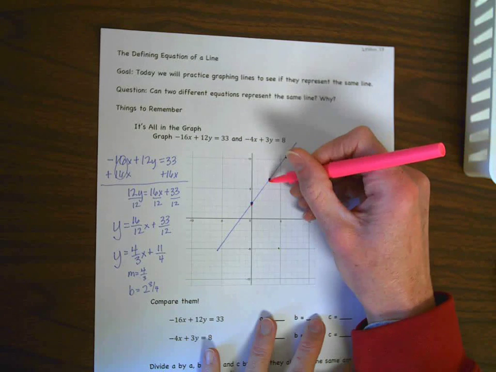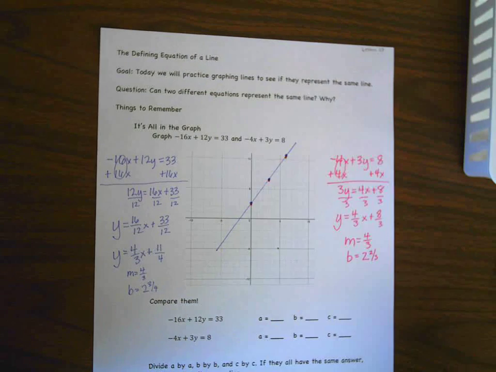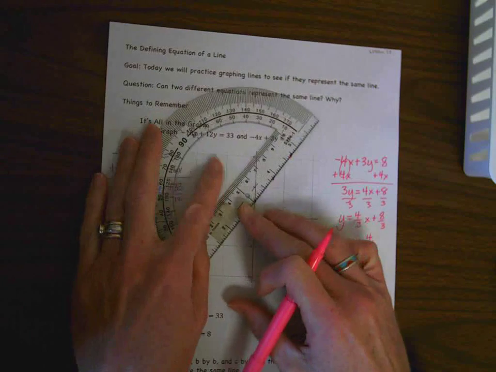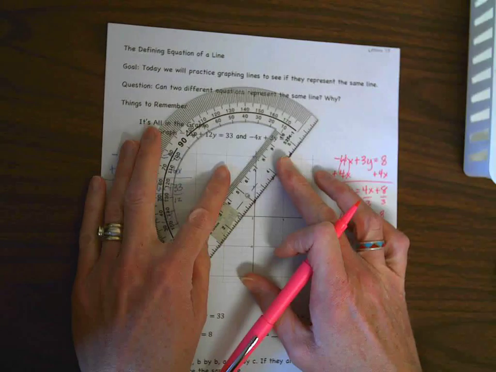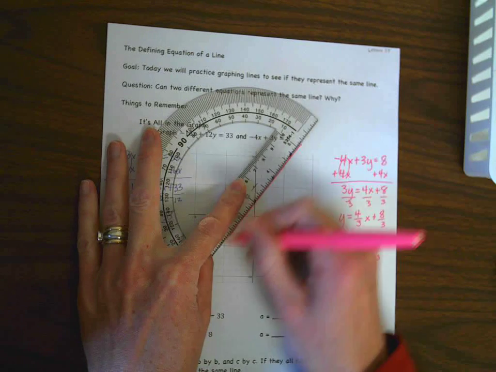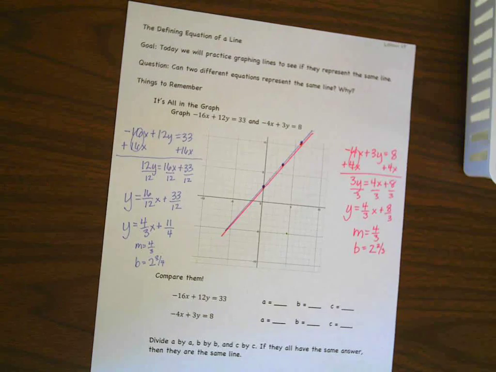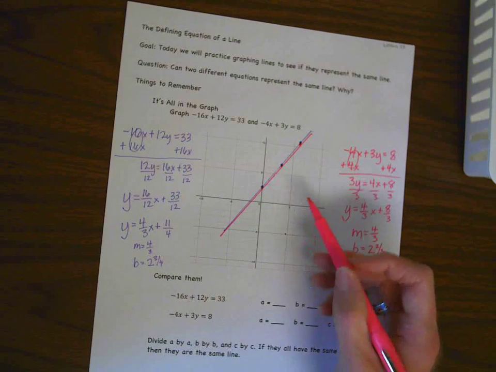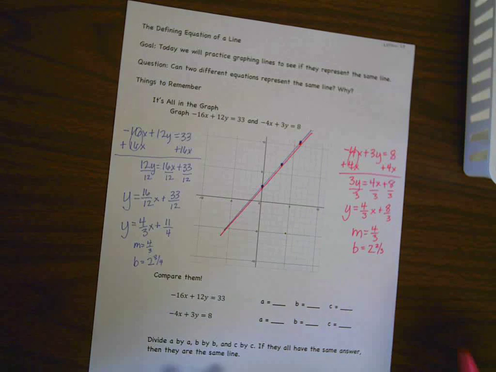It's going to be hard to see, but if we graph it correctly, I don't believe that it's the exact same line. As you can see, it's not exactly the same, but it's very, very close.